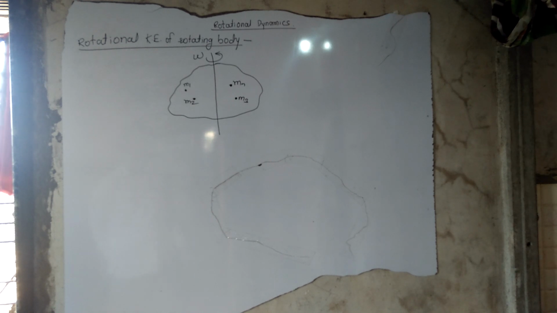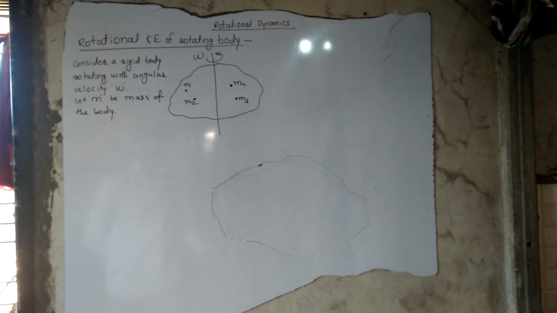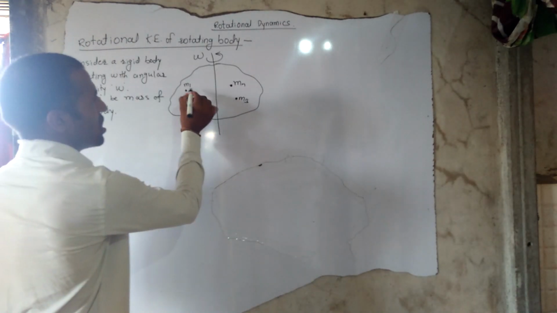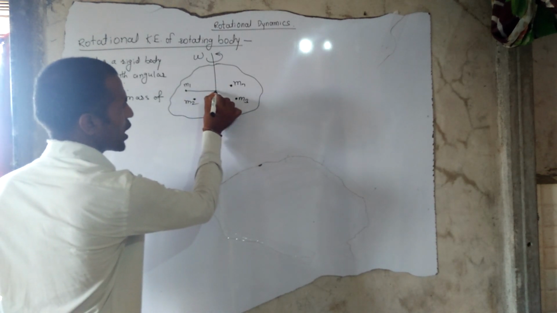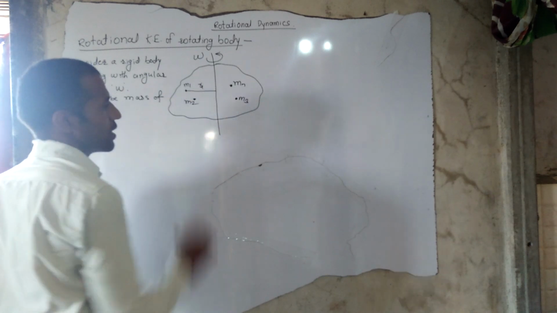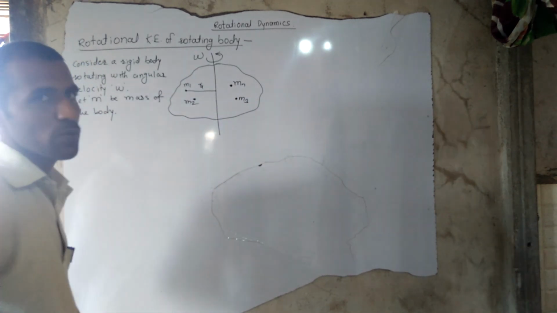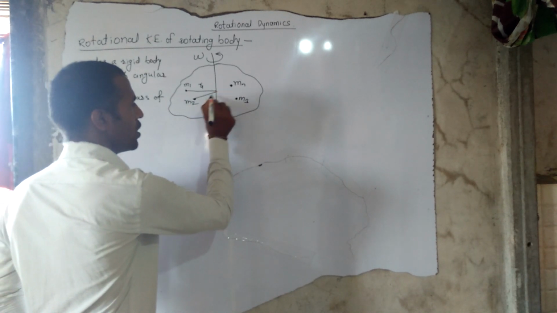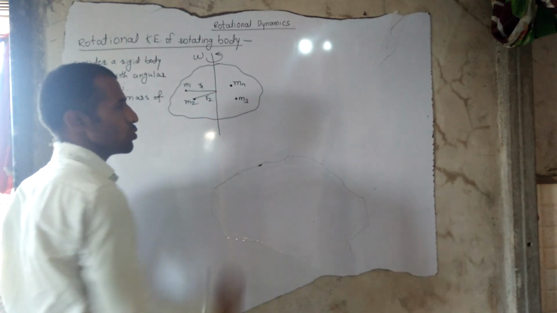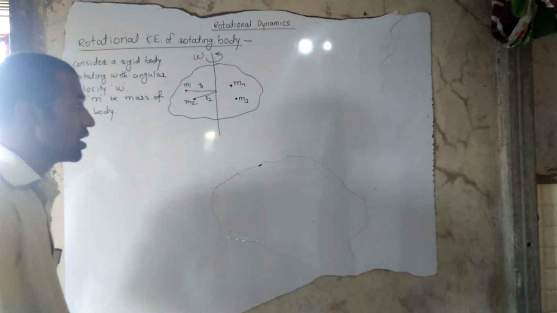If capital M is the total mass of the body, also let's consider the first particle m1 is at distance r1 from the axis of rotation of the body. The second particle m2 is at distance r2 from the axis of rotation of the body.